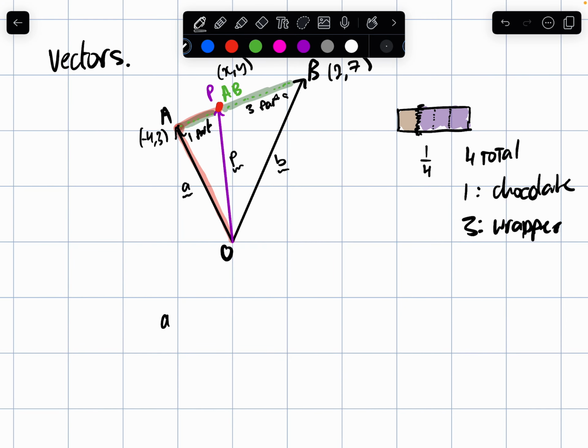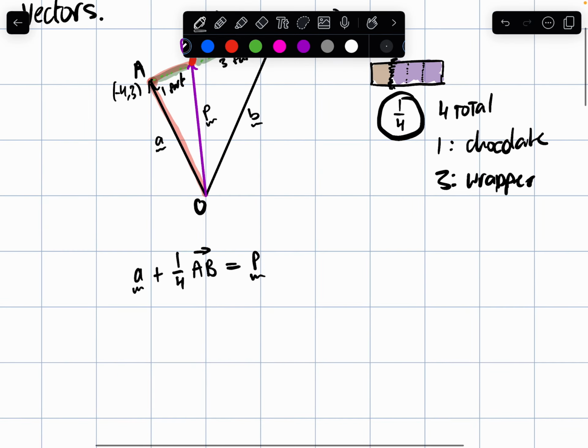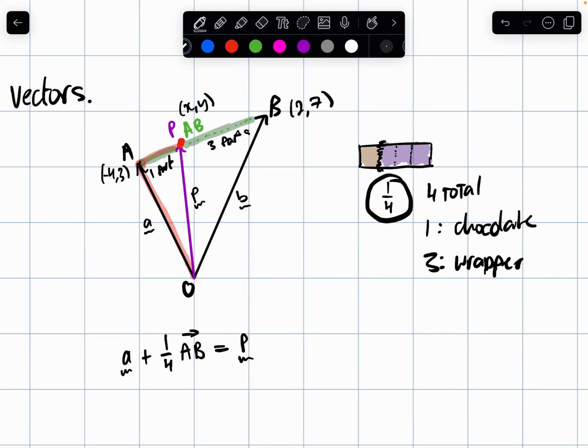Our vector A is called A plus 1 part, which as we said over here is 1/4, and that green line that we're traveling up is called AB, equals P, right? So the vector A plus 1/4 of the vector AB, and it's AB, not BA, because we're traveling in this direction from A to B, is equivalent to the vector P, right?